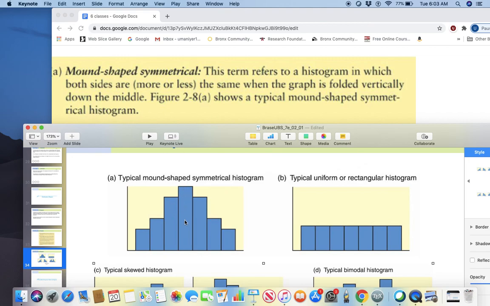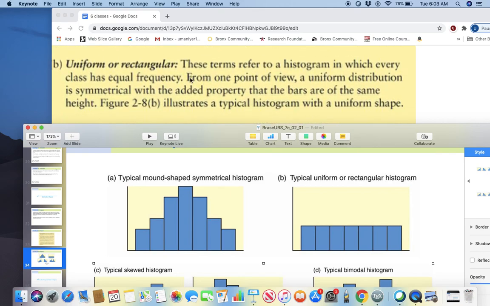So if I take the graph and fold it along here, you get a symmetry. So notice it doesn't have to be identical. This side could be slightly more, this side could be slightly less, and so on and so forth, but more or less symmetrical. That is mound shaped symmetrical.